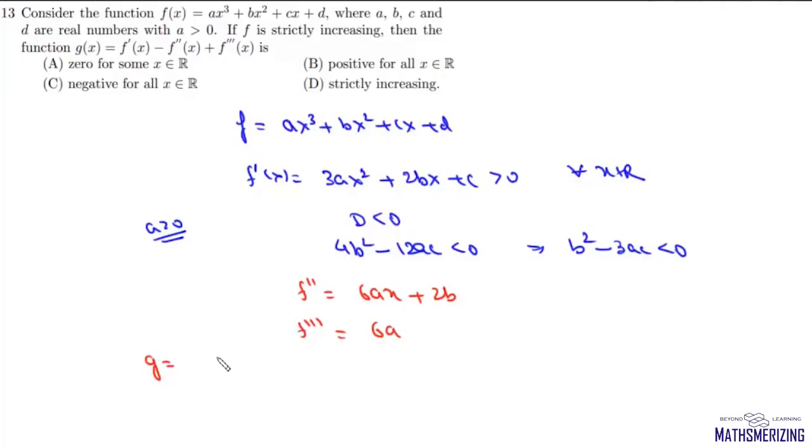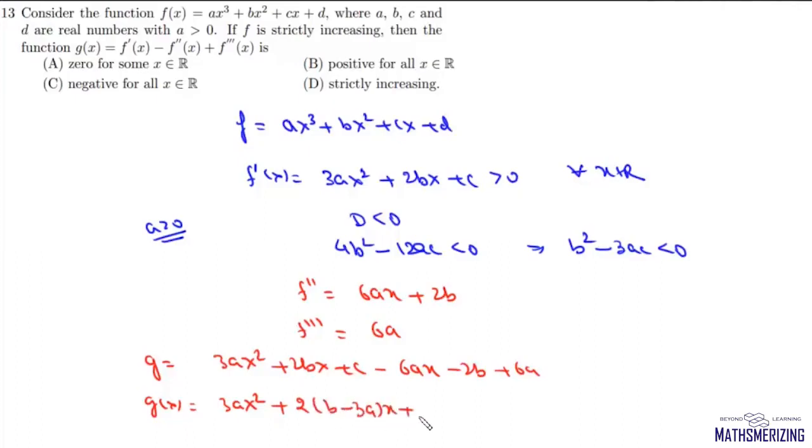So it will be 3ax square plus 2bx plus c, and then minus 6ax minus 2b, and then plus 6a. So we can write this g x as 3ax square plus 2 into b minus 3a x plus c minus 2b plus 6a.